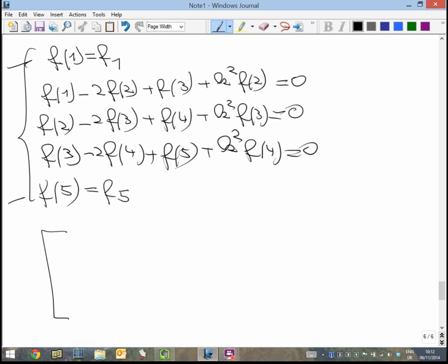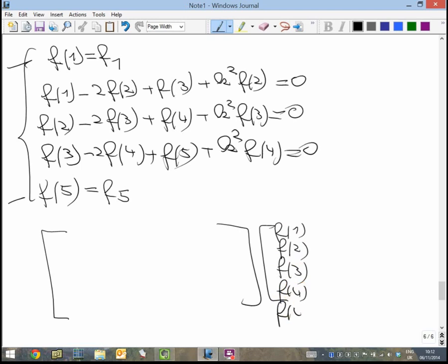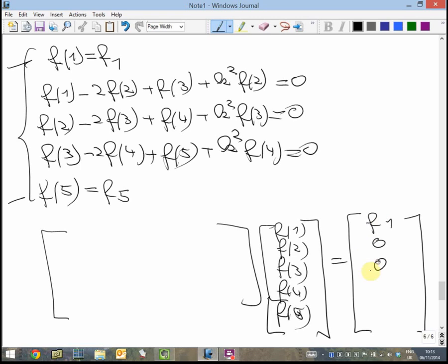linear equations. So if we were to write this as follows, where we collect all of the unknowns in this column vector. Like this. We know the right hand side of our system: for the first equation it's f1, and then we have 3 zeros, and then we have f5. So what are our coefficients? Well, the first equation is f of 1 is equal to f1.